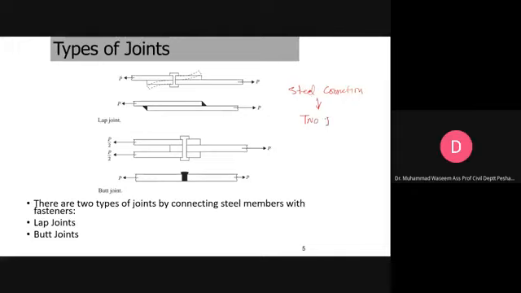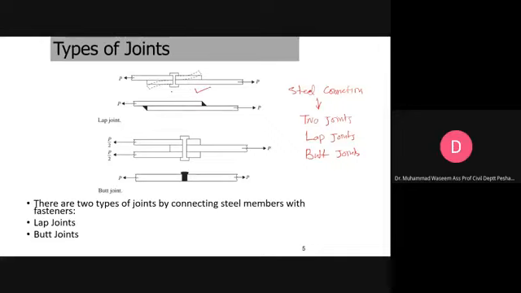Okay, we have lap joints, and we may have butt joints in our connection. This is an example of a lap joint.